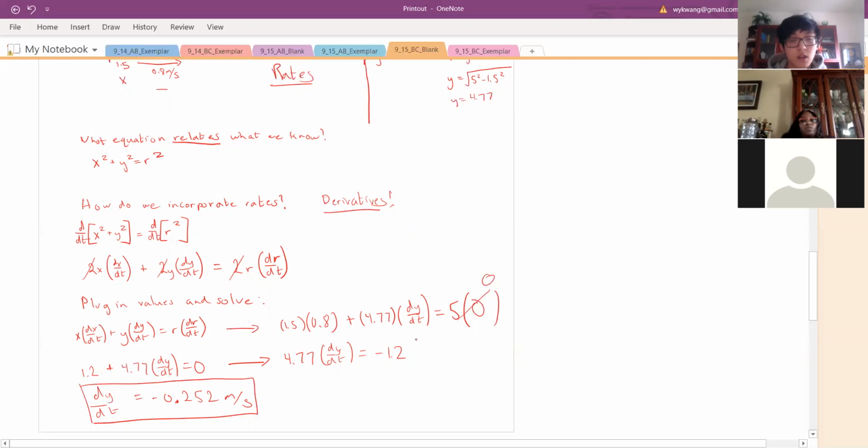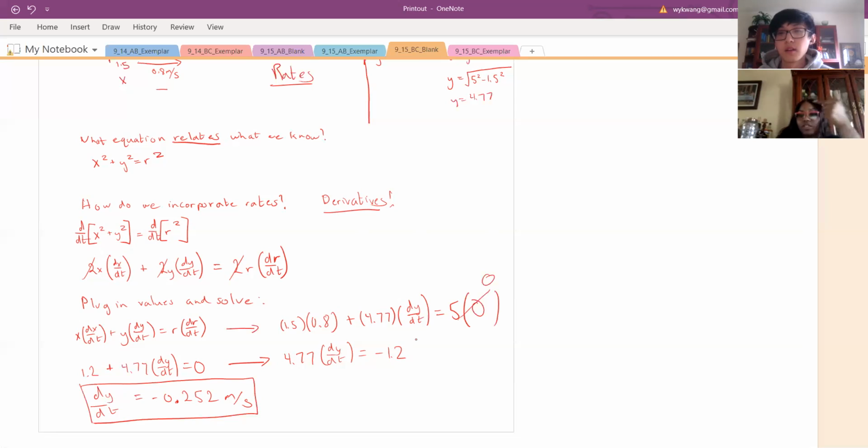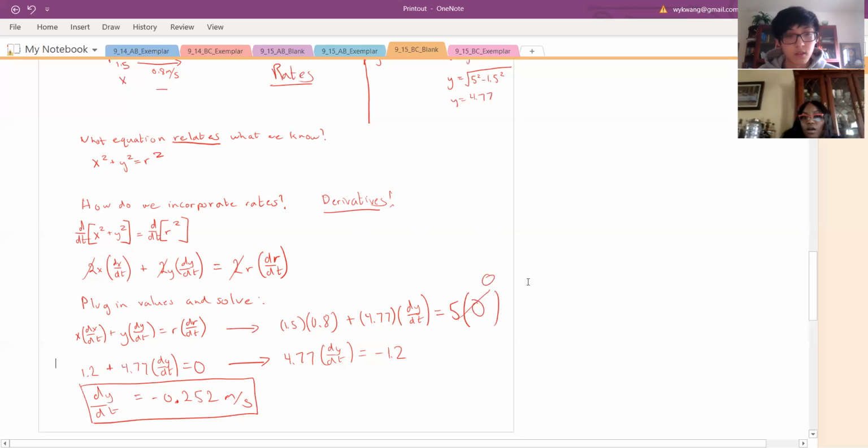Zakiya, go ahead. I have a question for when it's at the equal sign. Why did you put 0? Sorry, which equal sign?